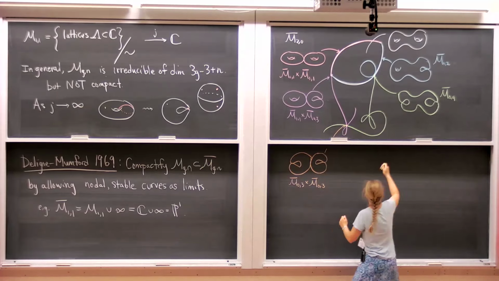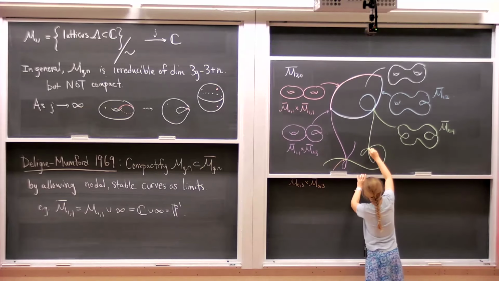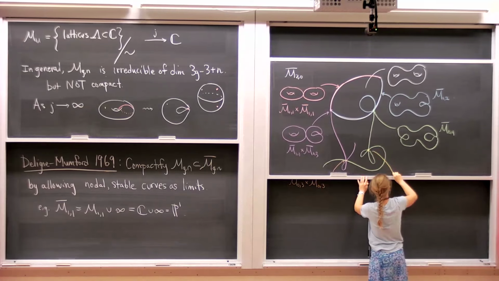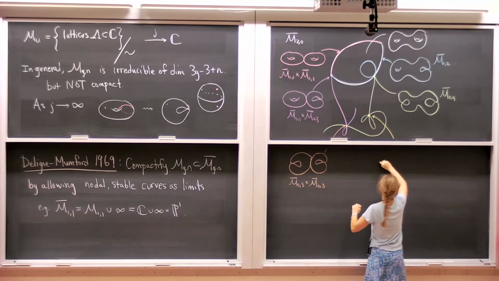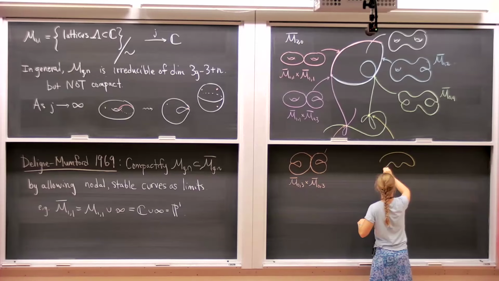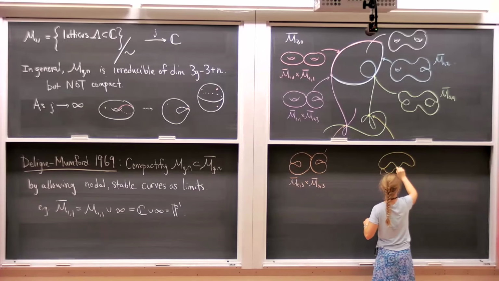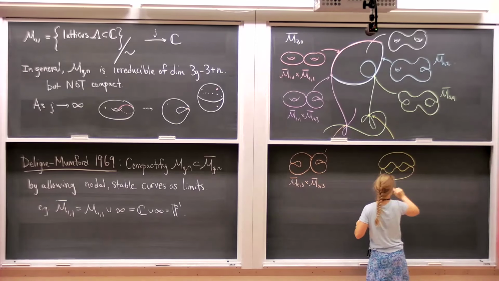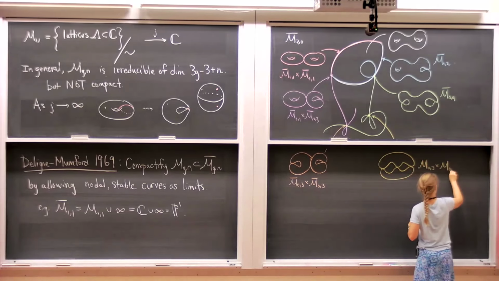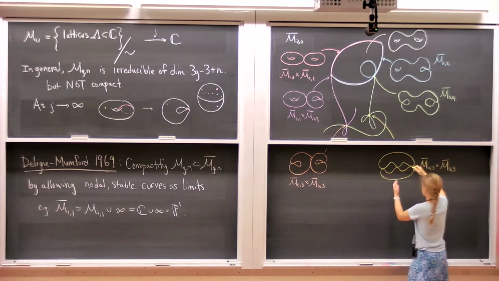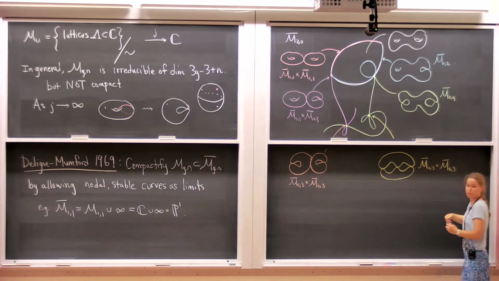And this point over here where green crosses back on itself is also a special point in the moduli space. Corresponds to where I take two genus 0 curves and I glue them together along 3 marked points.